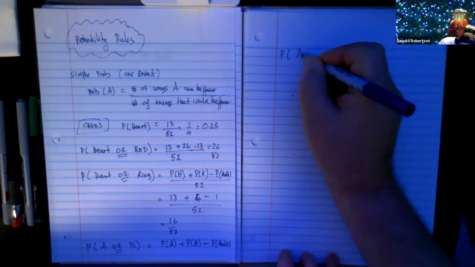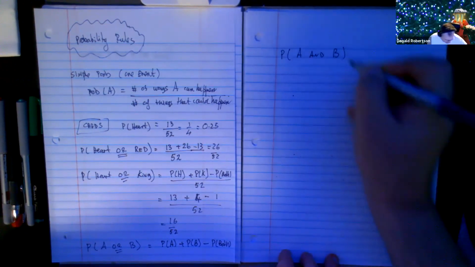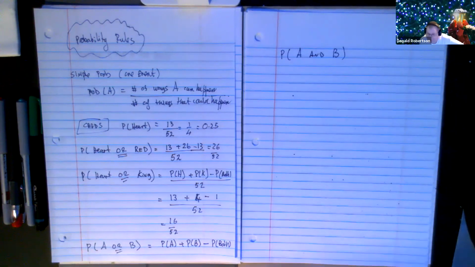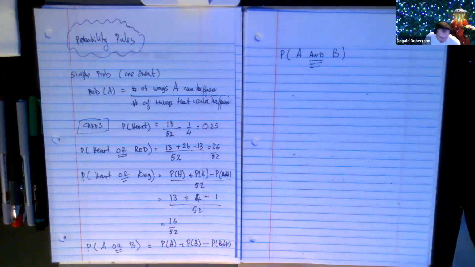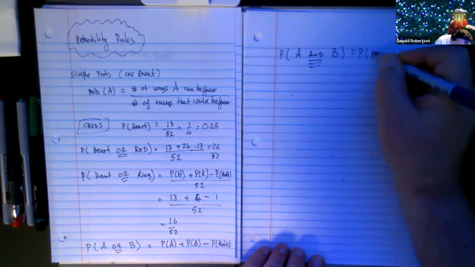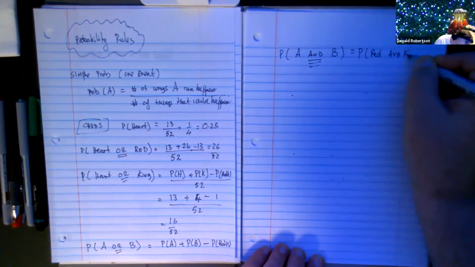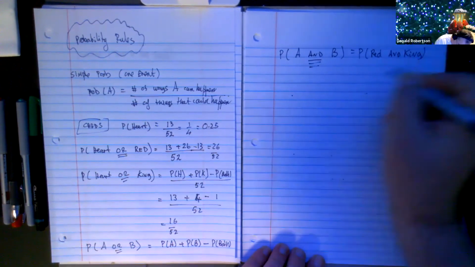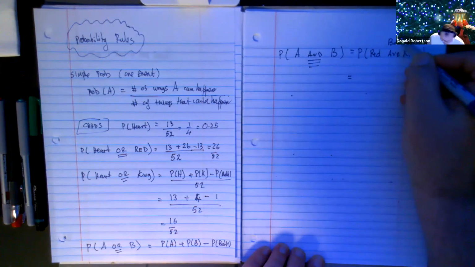Then you have the A and B. And the key word here is and. So for instance, what's the probability that it's red and it's a king? You could probably just replace that with the word both.